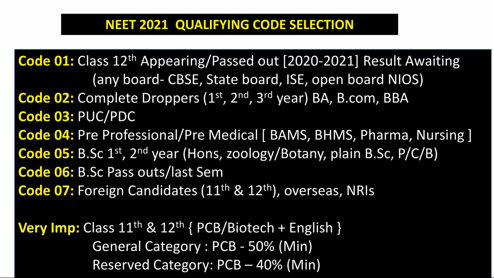Okay. This is about codes. Apart from this, there is a very important thing you have to keep in mind before you start filling up your application. The students who have done 11th and 12th should have opted for subjects like physics, chemistry, biology, or sometimes biotechnology, plus English as their main subjects.